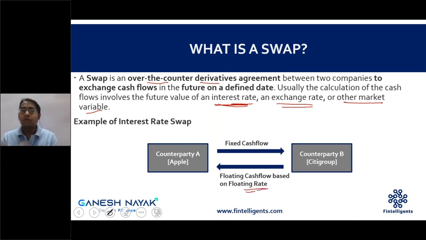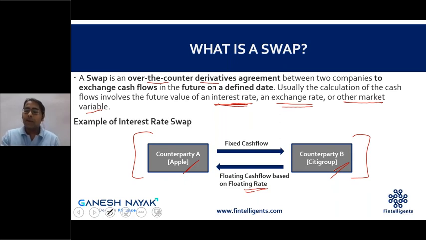Okay, we'll look into the floating rate in detail. So this is a generic structure that you will see for a plain vanilla interest rate swap. So there'll be a counterparty A, there'll be a counterparty B, and the terms of the agreement, what Apple will do, what Citibank will be doing, will be decided before the agreement starts, before the interest rate swap starts.